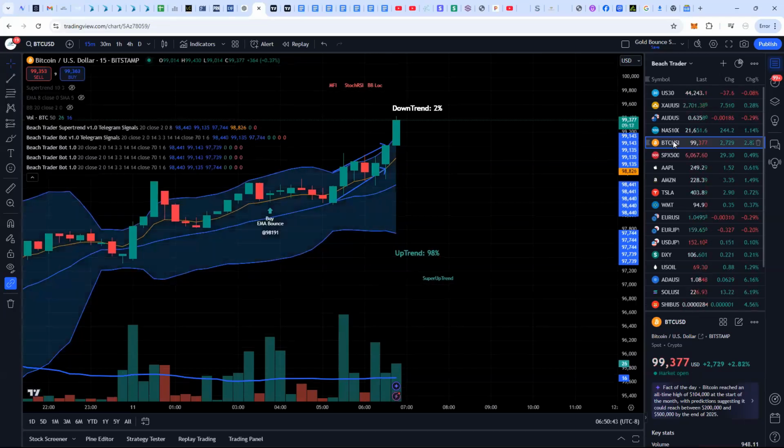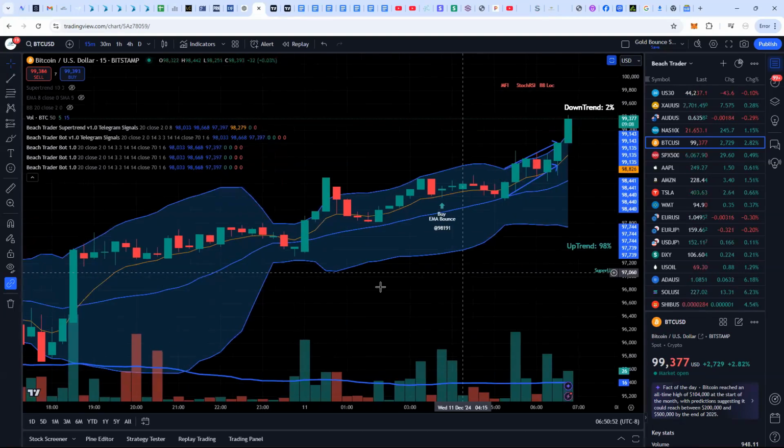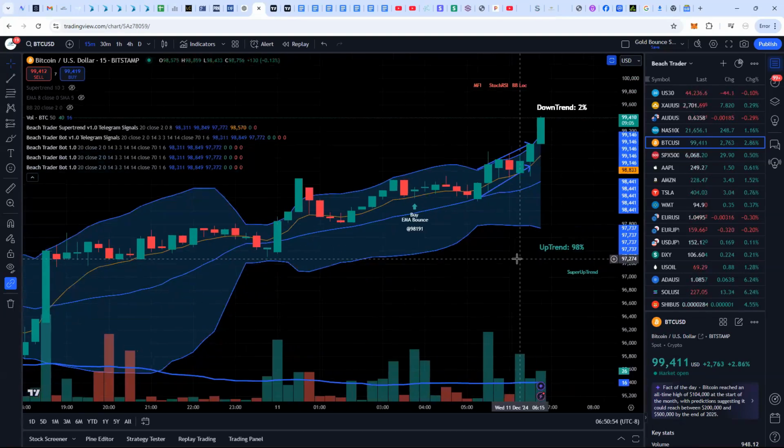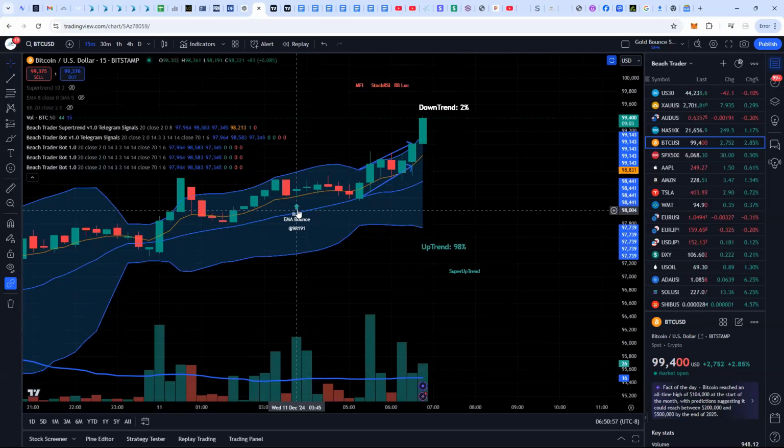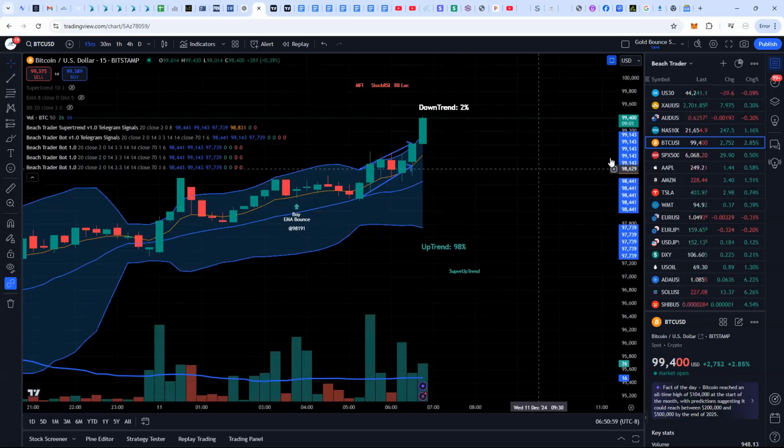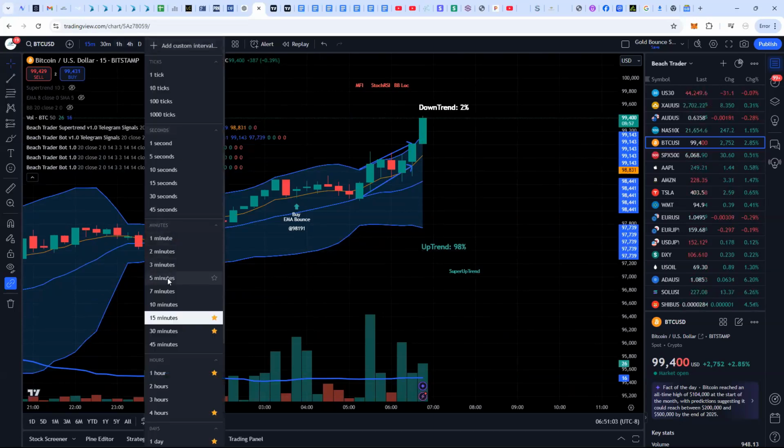Bitcoin's going back up to $100,000. The bot told us this. We could have taken this right here. At $98,000, the bot told us it was going up. We could have just taken that trade. It doesn't take a rocket scientist to look at this arrow and the bot telling us what to do and just listen. Let's see if we had any trades on the 5 minutes.